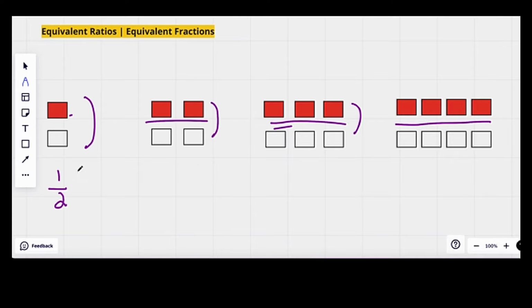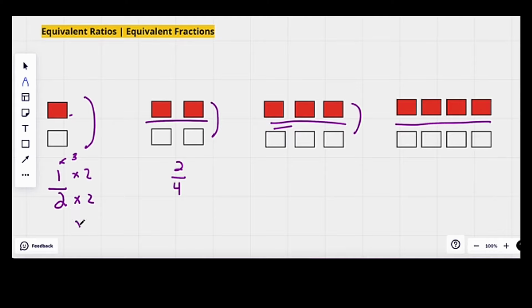Well, if you look at it, if we multiply this 1/2 by 2, multiply the top and multiply the bottom by 2, we get 2/4. That's this one right here, 2 out of 4. What if we multiply it by 3? 1 times 3 is 3.